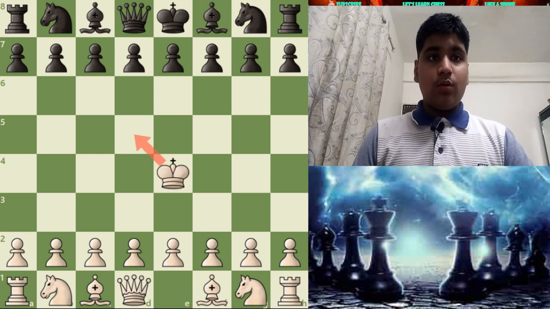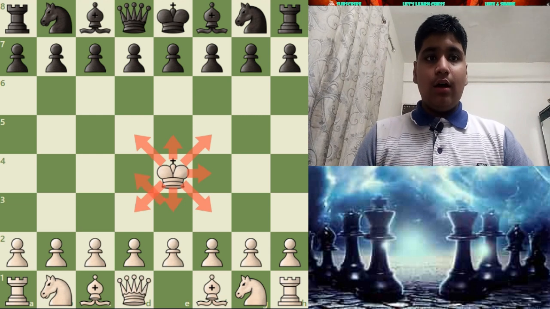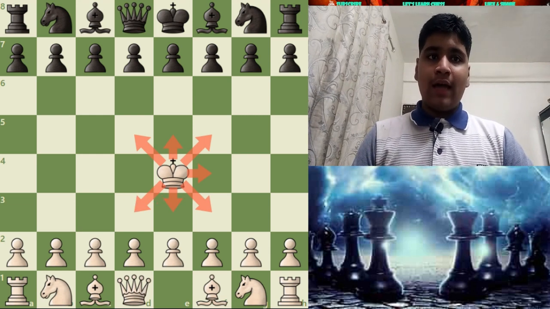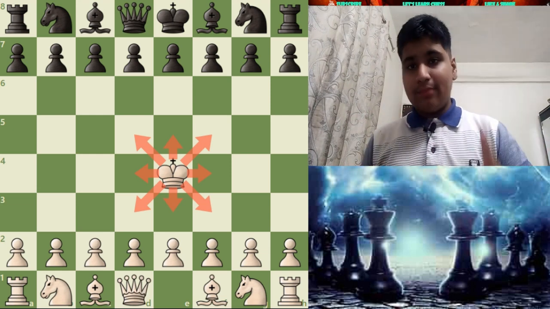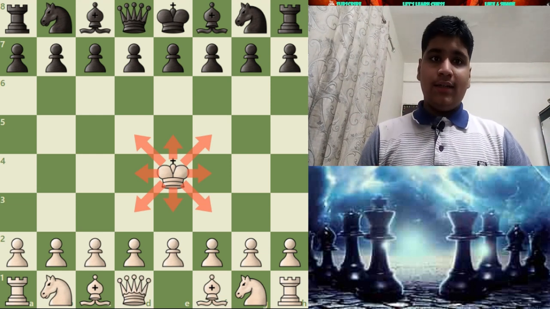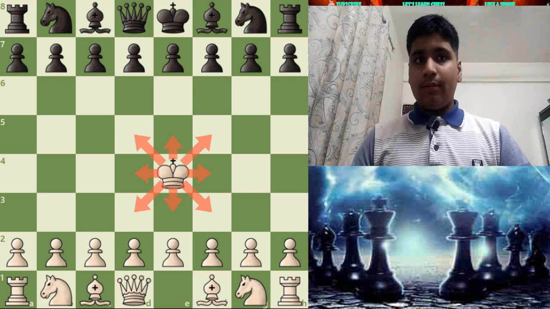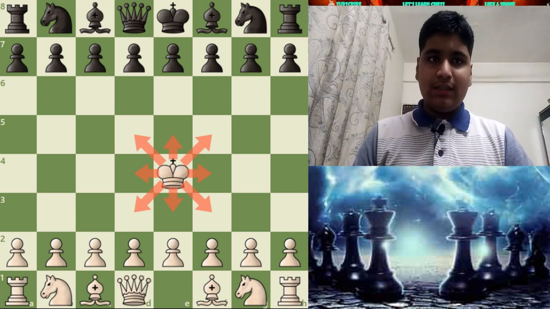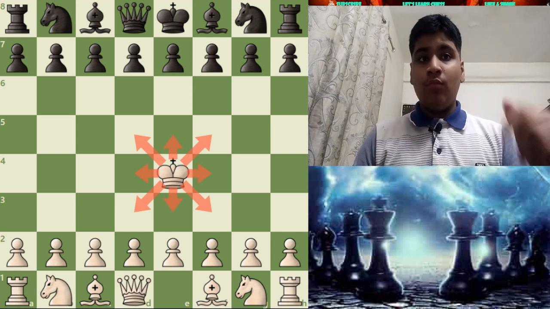The king can only move one square in every direction and capture like that. Only the pawn captures and moves differently, but all the other pieces capture and move in the same way. Also, one thing about the pawn: all other pieces except the pawn can move back.